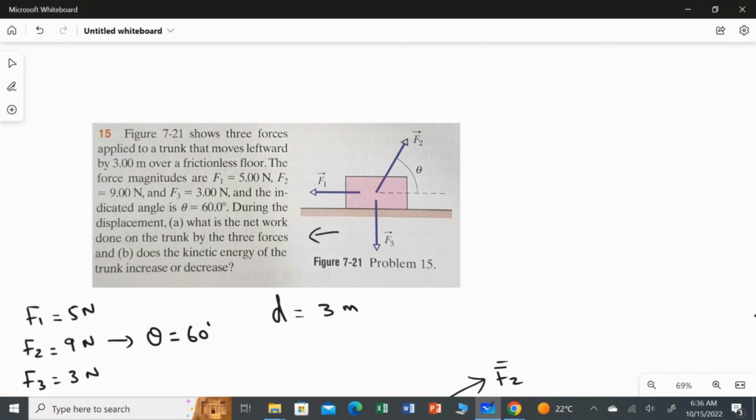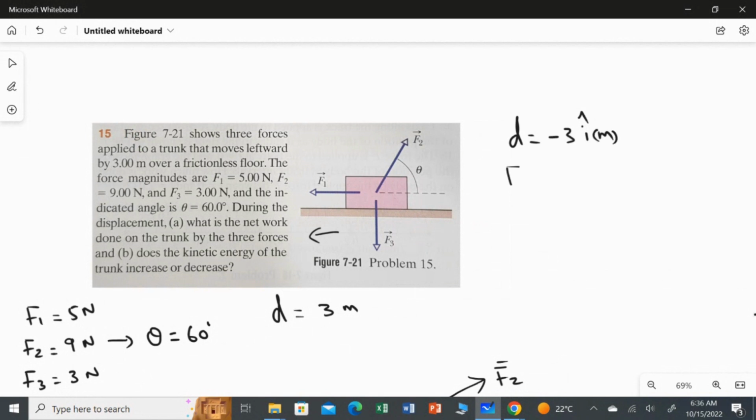As they mentioned in the question, after you apply three forces, the object moves in the leftward direction. When the object moves in the left direction, it is along the negative x-axis. Am I right? So my displacement has a minus, because it is moving in the negative direction: minus 3 i cap, and the unit is meter. Clear?